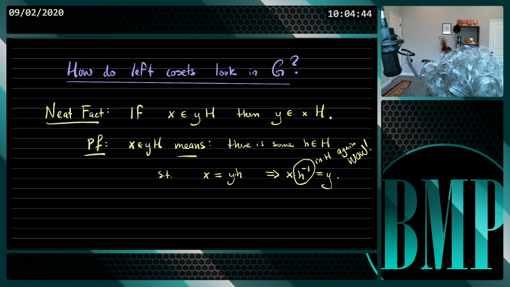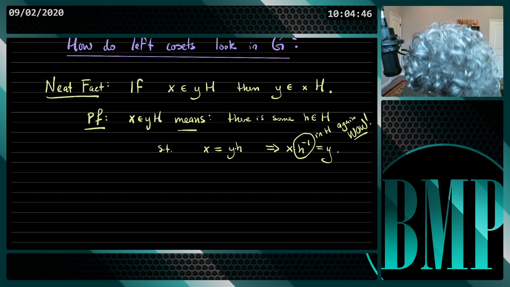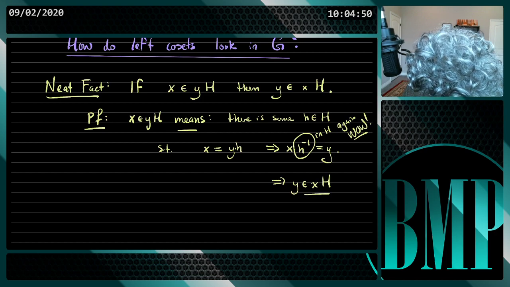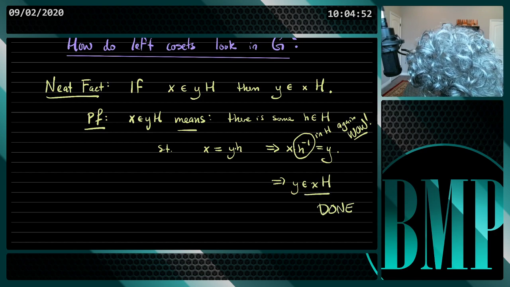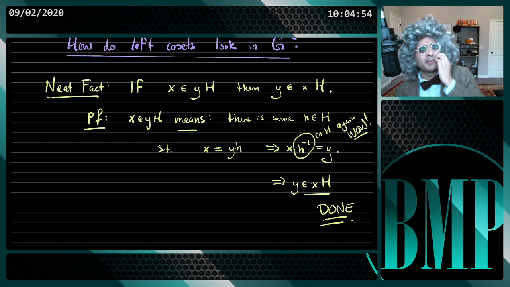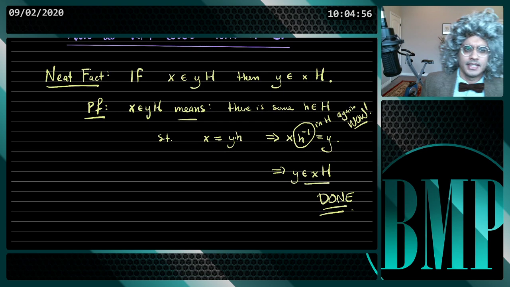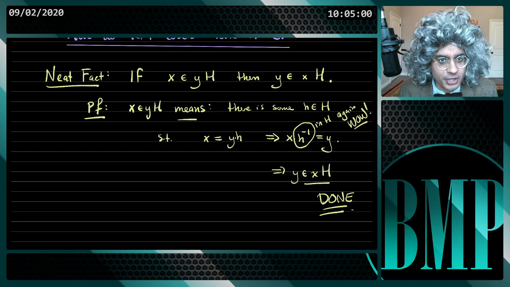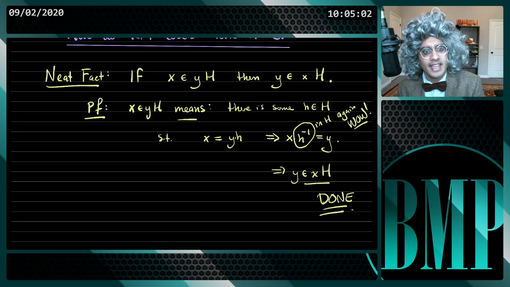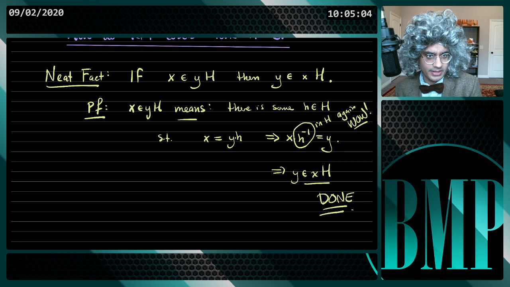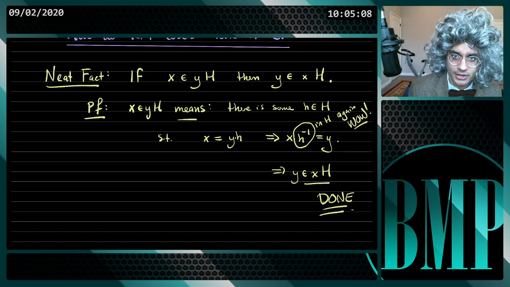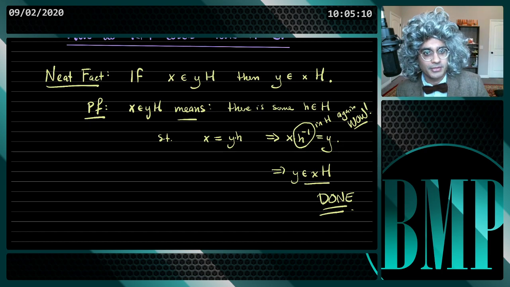Wow! So, Y is indeed in here. Done. All right? So, that's the first thing I wanted to show you. If you have an element in Y's coset, then Y is in the corresponding other one's coset.